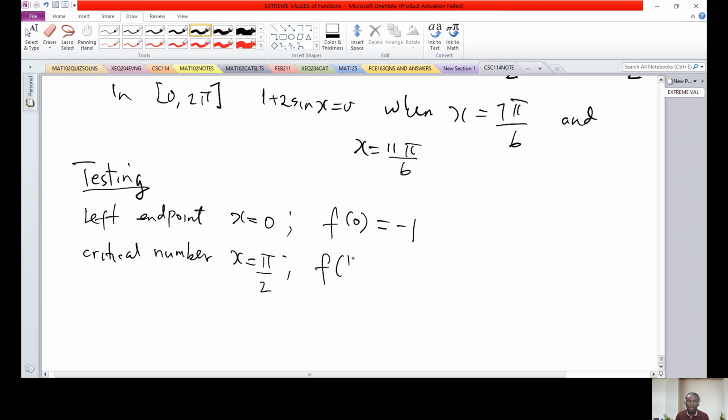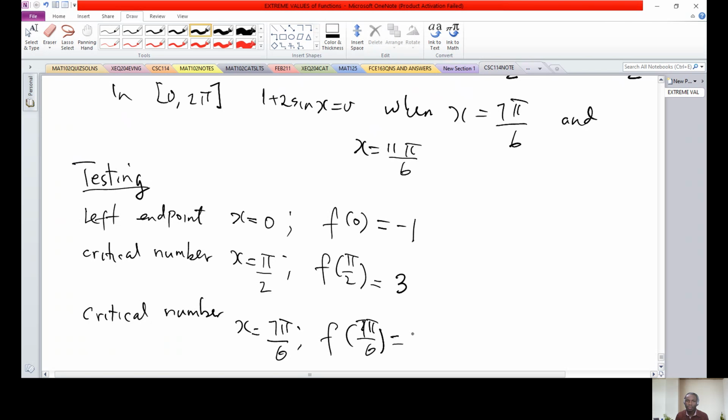Then f of pi over 2 will be given by 3. Another critical number is x equals 7 pi over 6. So f of 7 pi over 6 gives us -3 over 2.